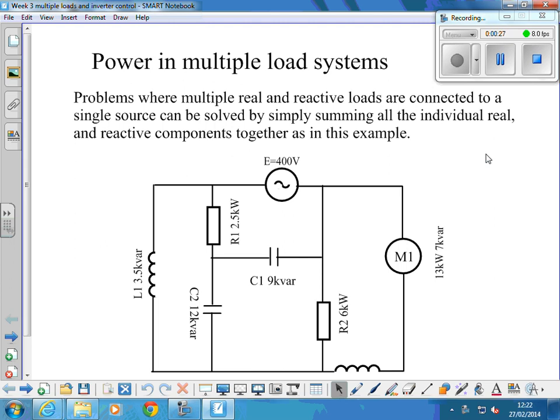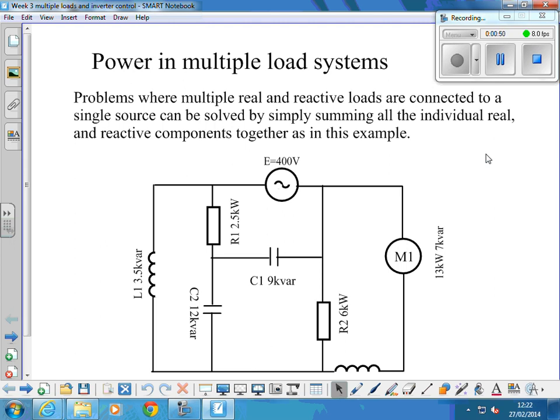Problems where multiple real and reactive loads are all connected to one source can be solved simply by summing up all the individual real or the individual reactive components together and coming up with a total for that connection to that, in this case, 400 volt source.